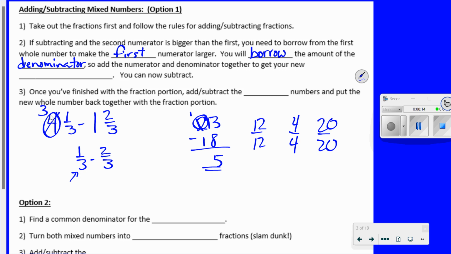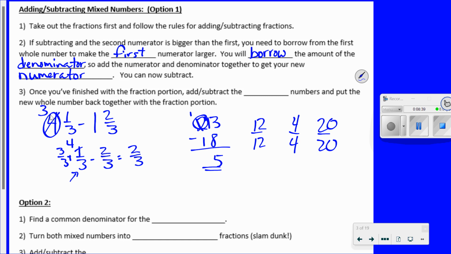So I take 3 plus 1 and I get 4. So that gives me my new numerator. If you need to visualize that, you could say, okay, that's 3/3 plus 1/3, which is really what I'm doing. Now my numerator is larger. Can I do 4 minus 2? Yes. So I've done the fraction piece.